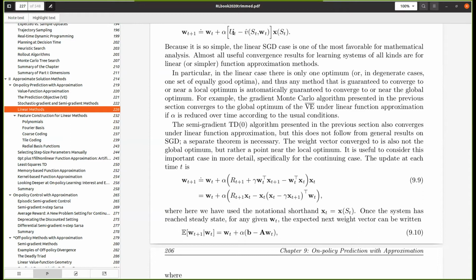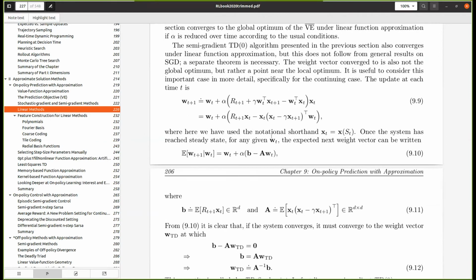In the case of the TD(0) algorithm, the update target is our observed reward plus the discounted value of the next state minus the value of state s sub t, where x sub t plus 1 and x sub t are the feature vectors for the corresponding states, s sub t plus 1 and s sub t.